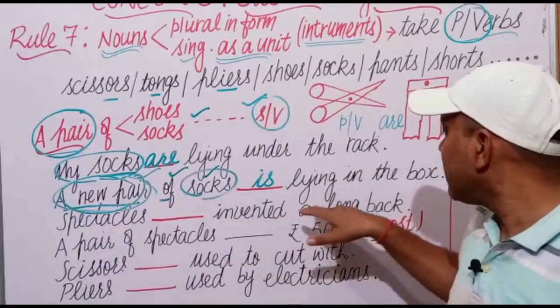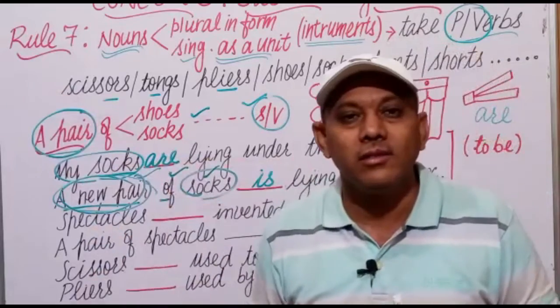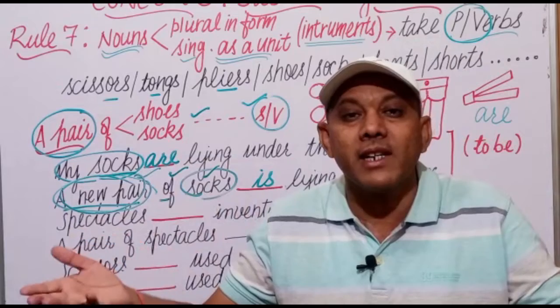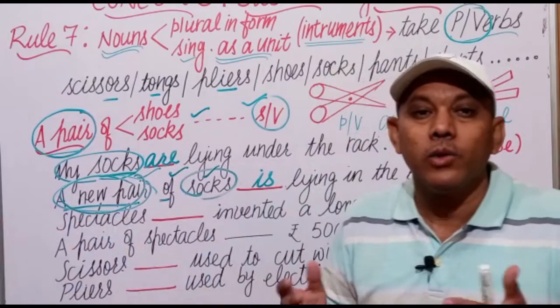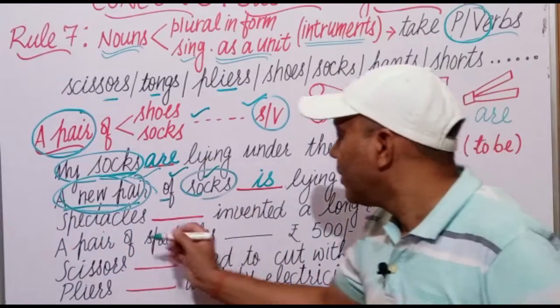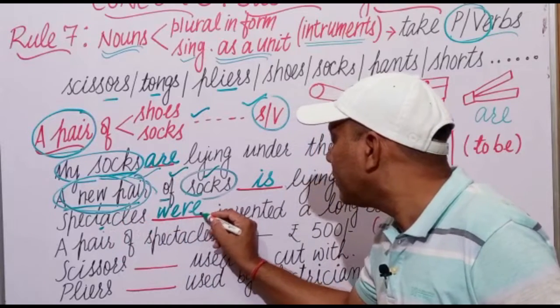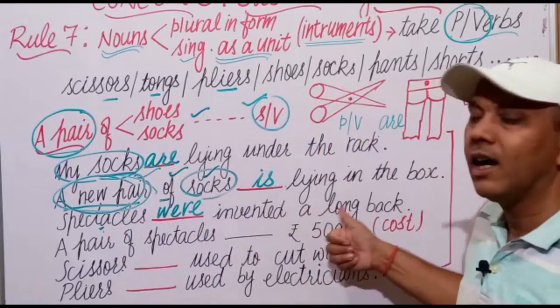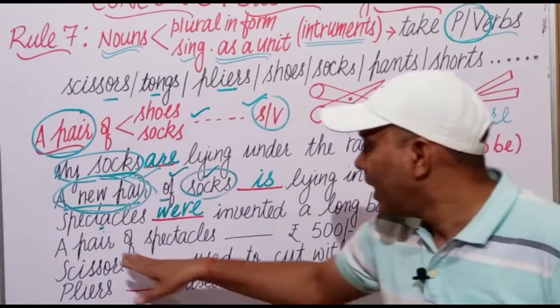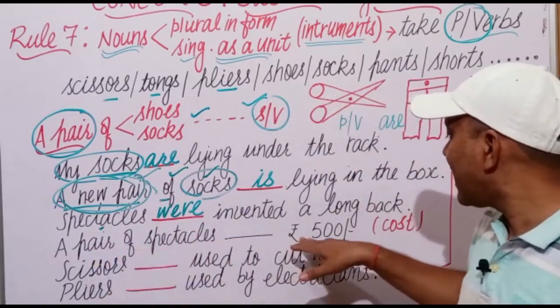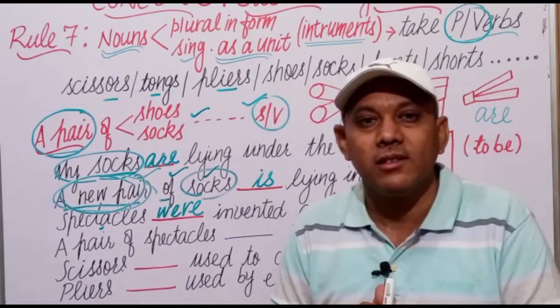Spectacles dash invented a long back. When did the spectacles invent? Were invented. Spectacles were invented a long back, not was invented a long back. A pair of spectacles dash rupees 500.